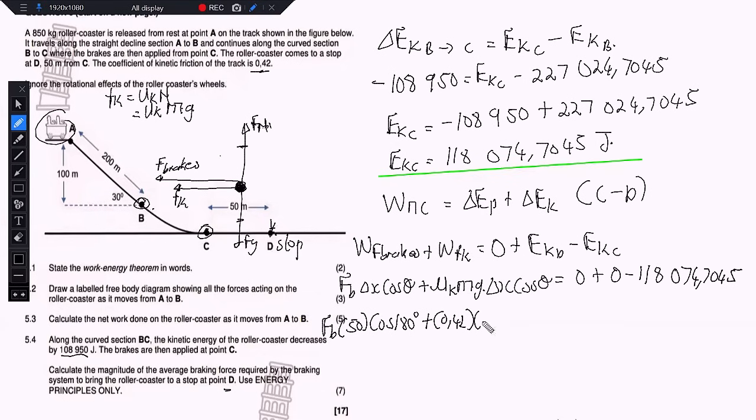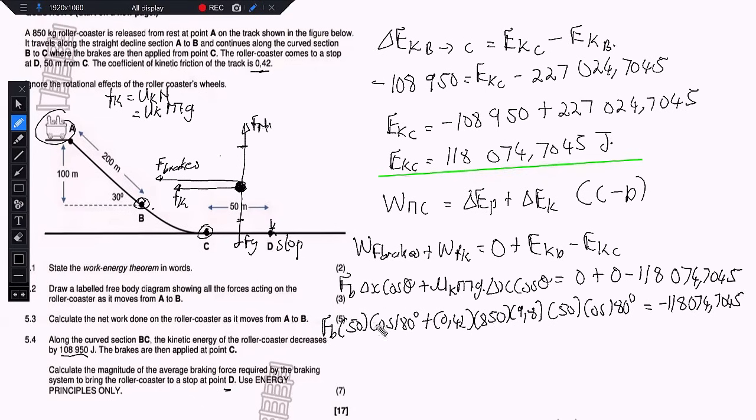Then mass is 850, 9.8, while delta x is 50 this time around, and then cos 180 degrees, equal to negative 118,074.7045. Right.